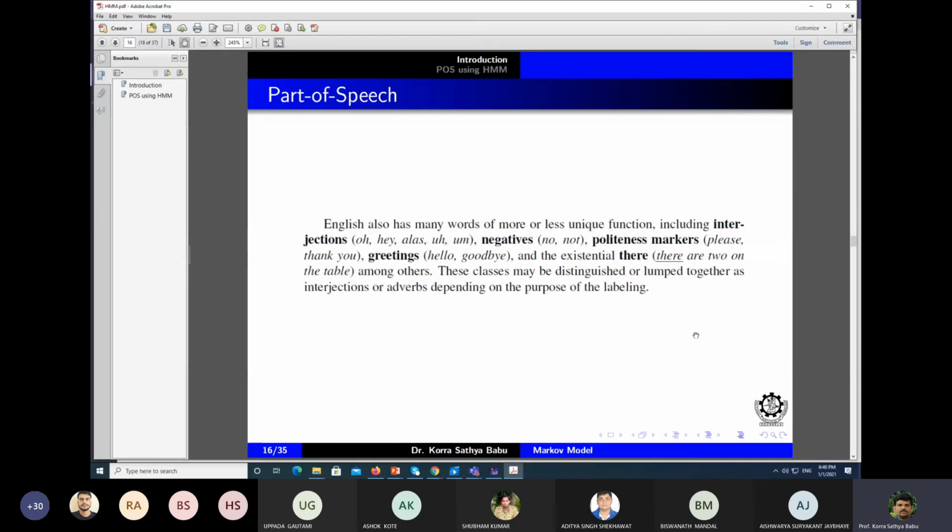We call that one POS tag. This is the Penn Treebank or Brown corpus tag, or maybe the Wall Street Journal corpus tags, Switchboard corpus. These are some standard benchmark corpora and the corresponding tag sets.